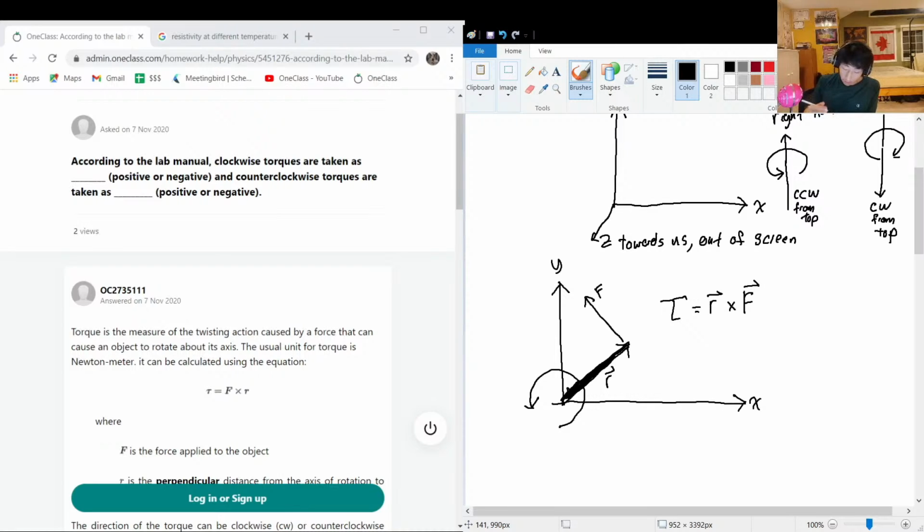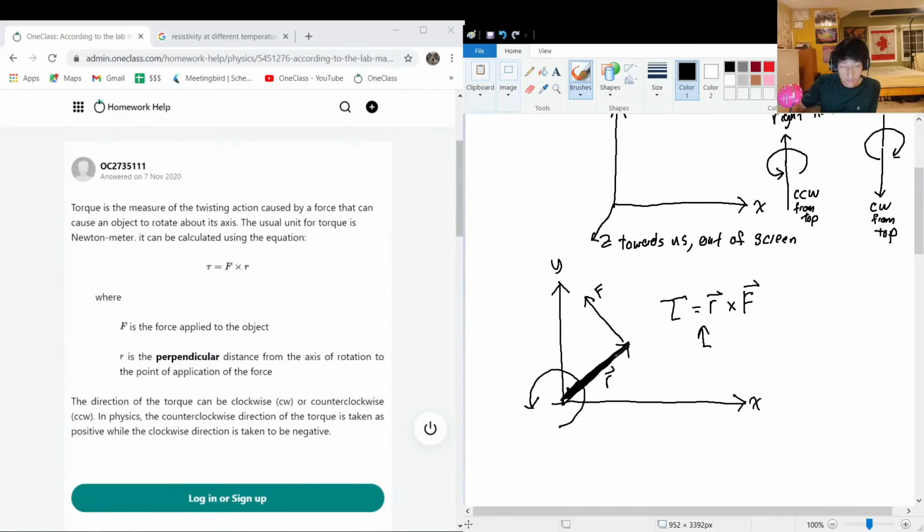So with this as our definition, torque is a vector. Torque in positive Z direction. So in this case, counterclockwise should be positive.